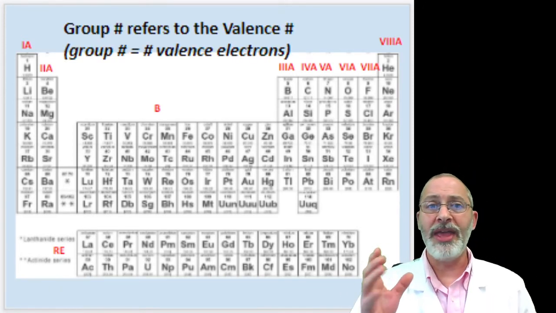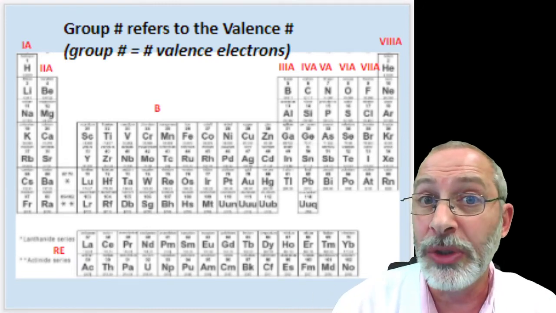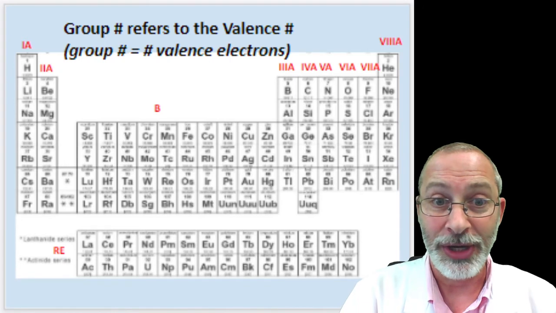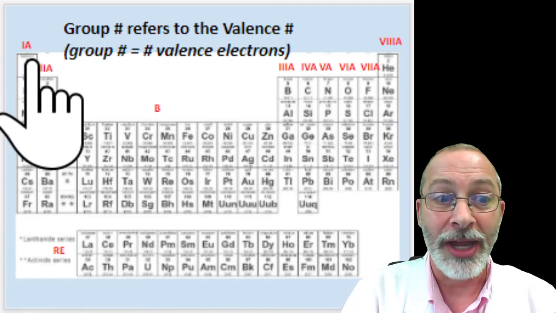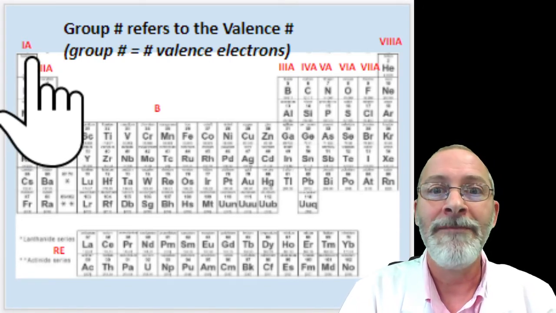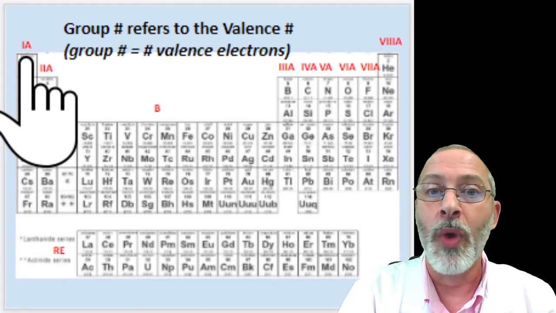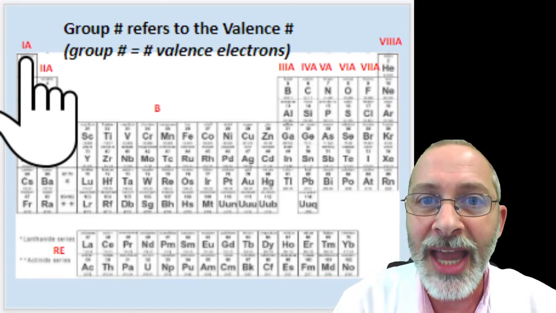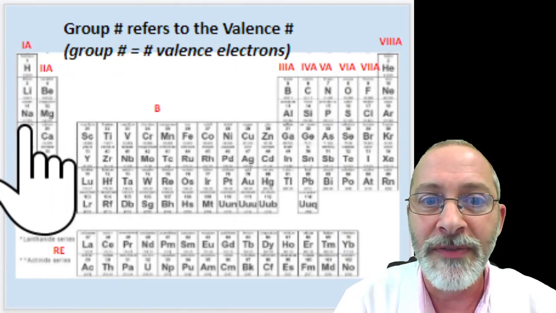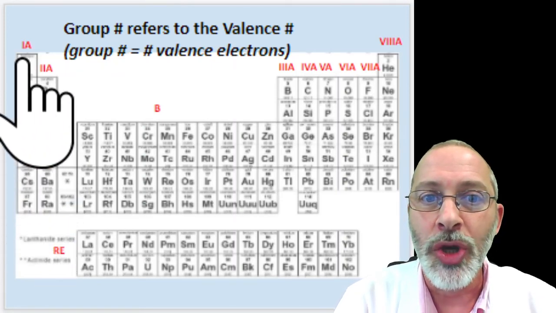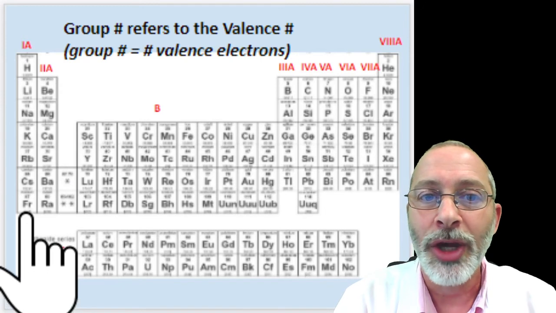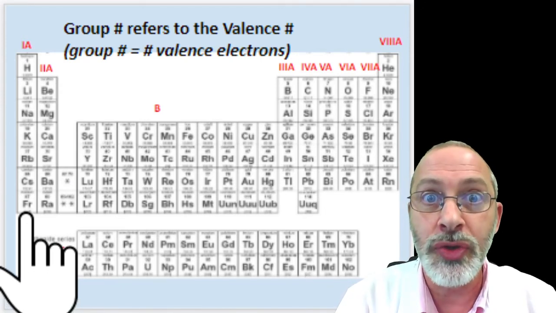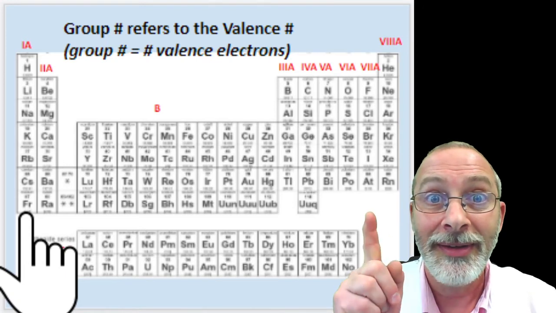Now, I just want to emphasize this again, even though I alluded to it earlier. The group number here, like group 1A, that group number, number 1, refers to the number of valence electrons of all of the members of that family or group. So all of these elements, group 1A, how many valence electrons do they have? 1.